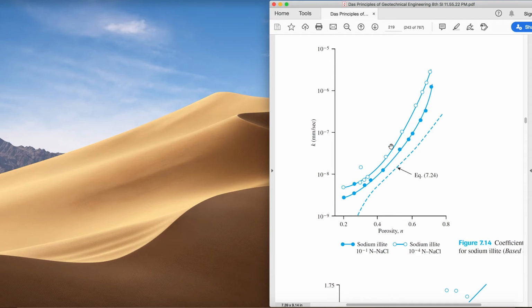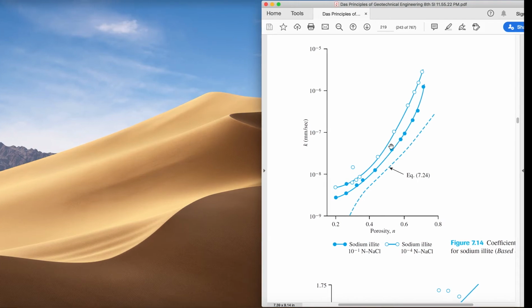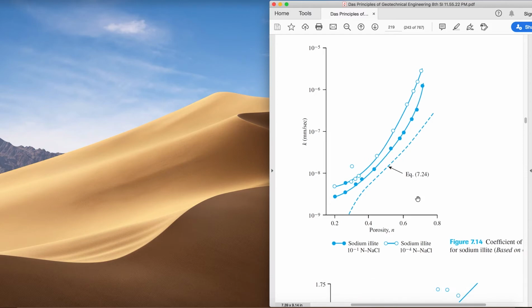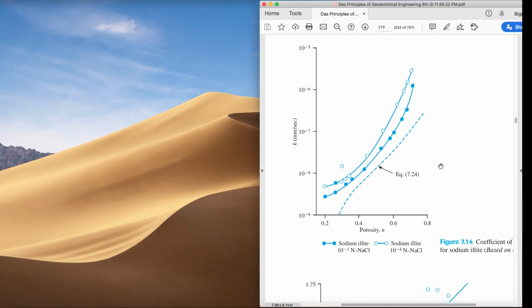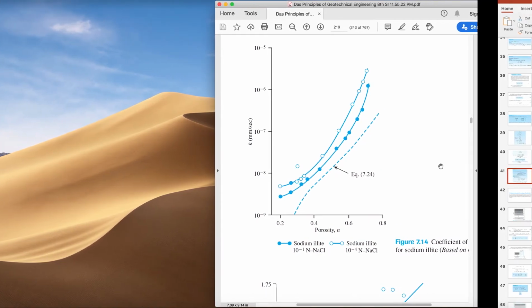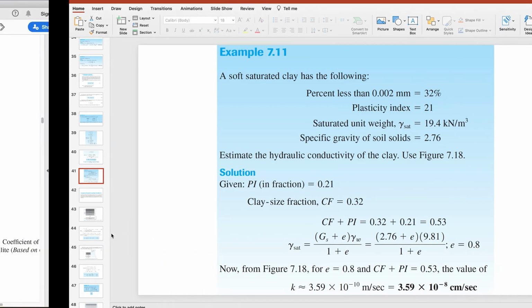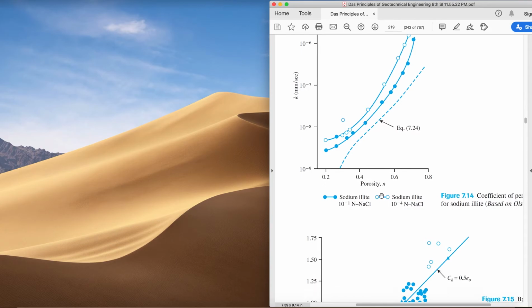Okay. So the given here would be K and the porosity. So using the void ratio, we can solve for the porosity. No, that's 7.18. No. Sorry.